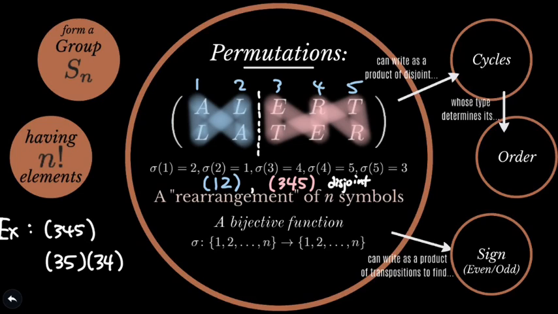Those two are different notation, but they are the same permutation as one another. So this gives us a way of simplifying expressions inside of the symmetric group. These represent the same permutation, the one that sends ERT into TER, just using different notation.